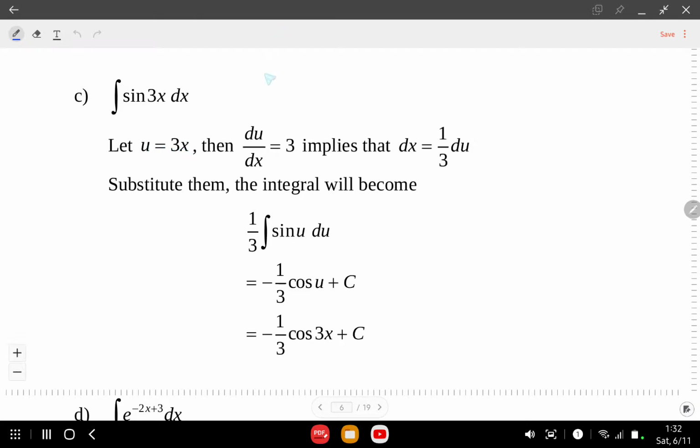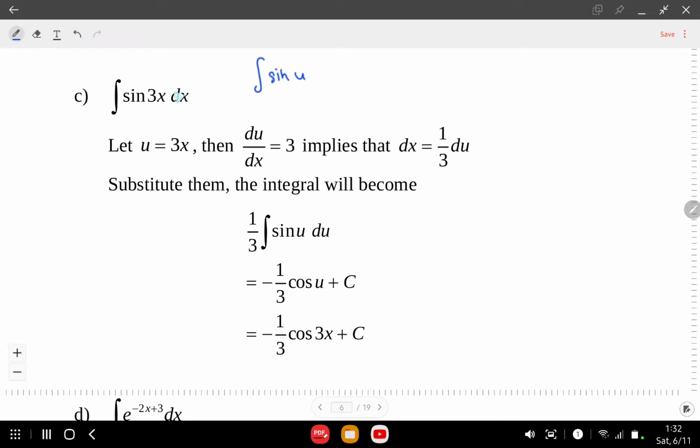Okay, 3x. So from here we will have sine u, because our u is 3x. And then if we choose u equals 3x, then we will have du over dx, differentiate ni akan jadi 3. Okay, implies, ni kalau darab silang kita akan dapat macam ni, dx equals 1/3 du.